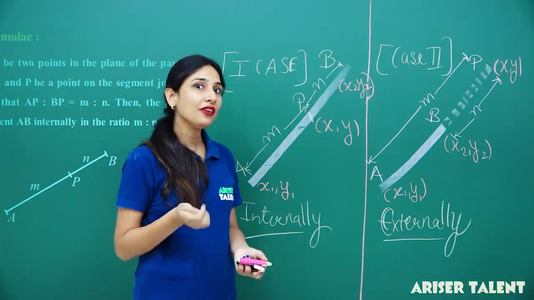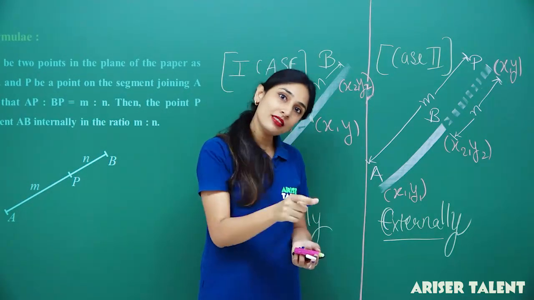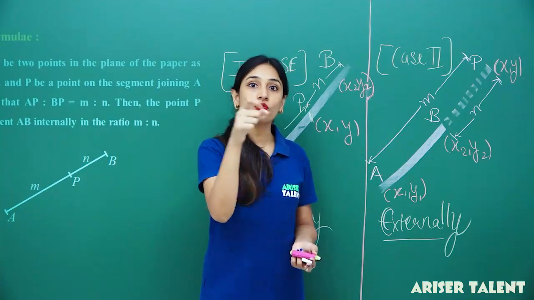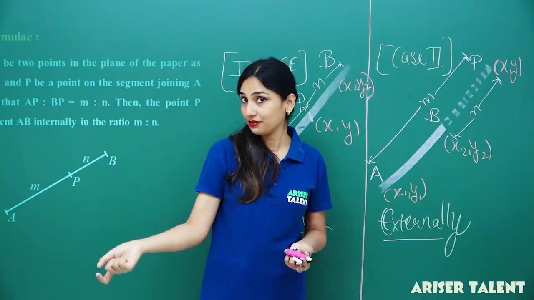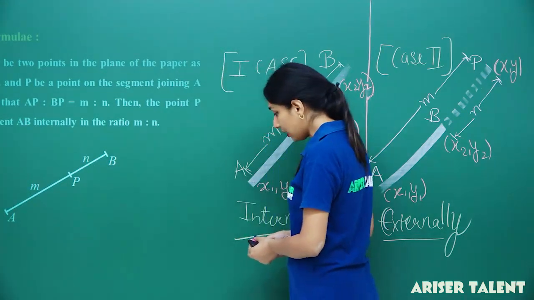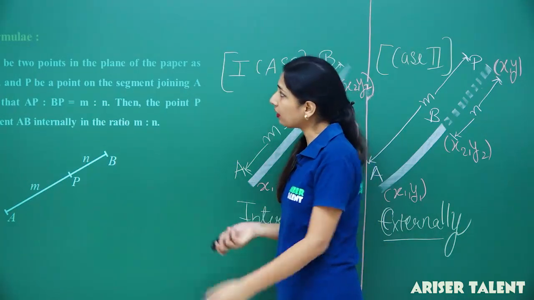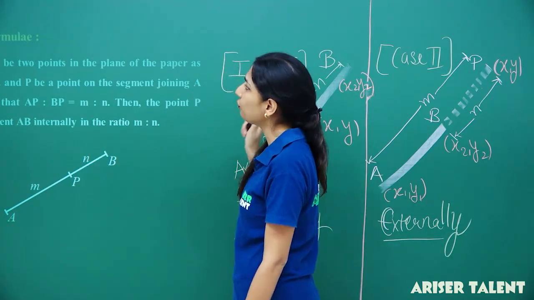So, I am now having a formula consisting of x1, y1, x2, y2 and m and n. So, we'll talk about that formula. First, we'll read out the section formula aloud.